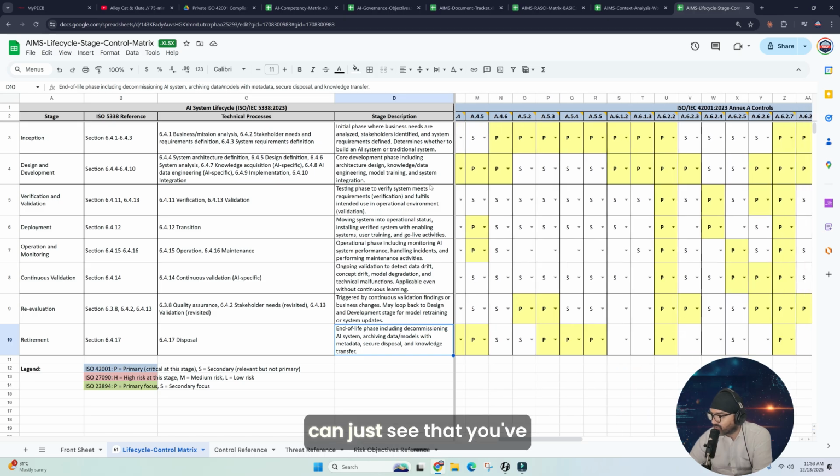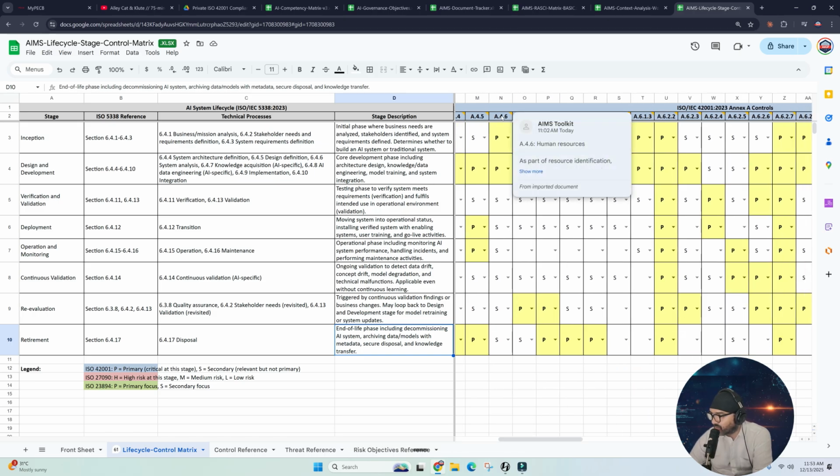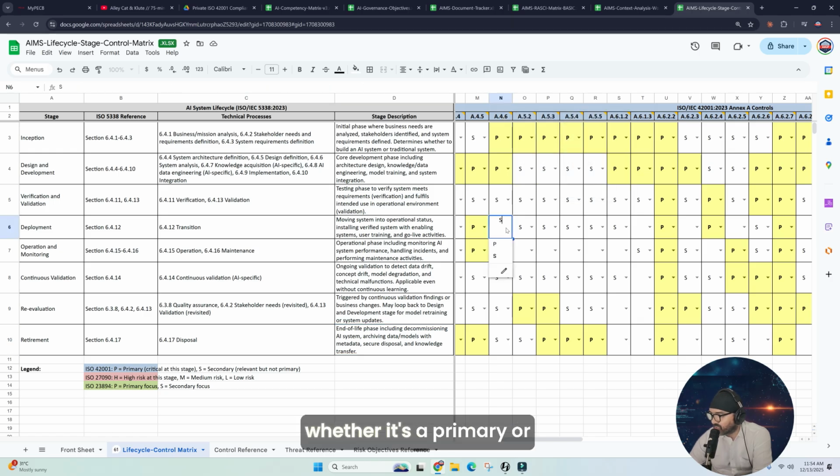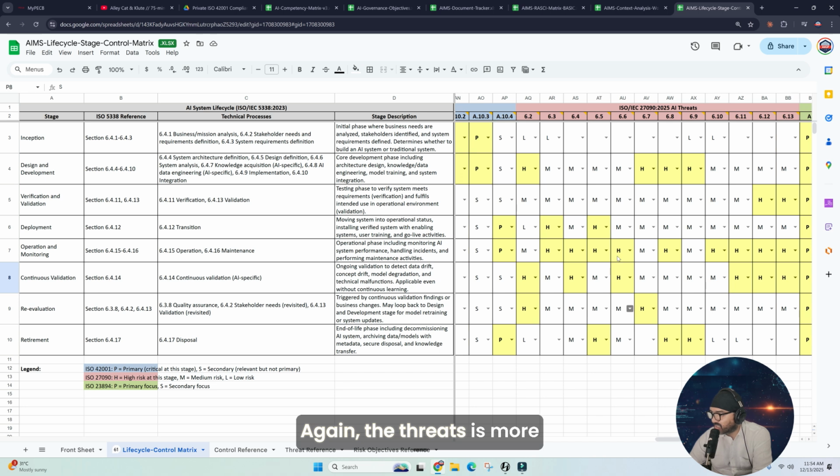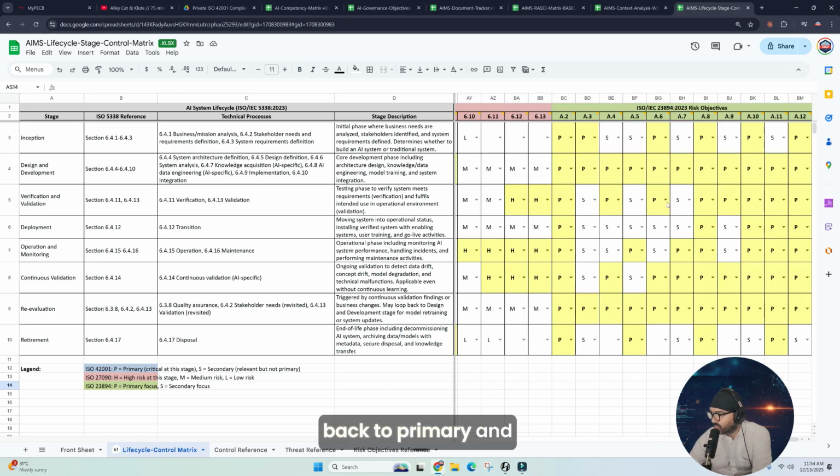So again, hopefully you can just see that you've got the control there, and then you can decide whether it's a primary or secondary sort of concern for you. Again, the threats is more like risk, so it's based on high risk, medium risk, low risk, and then 23894 goes back to primary and secondary again.